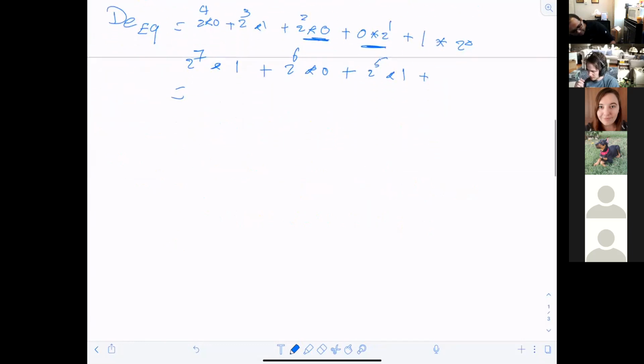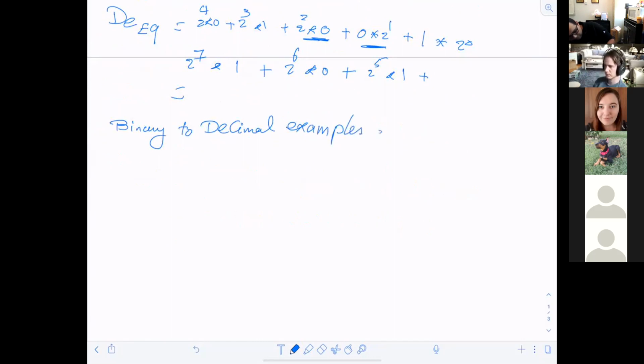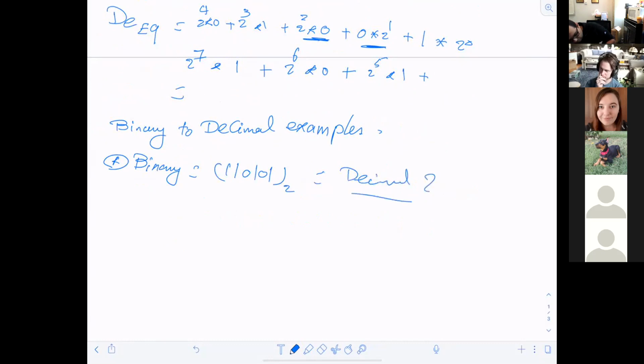So let's have it here: binary to decimal examples. Question number 1. Binary is equal to 10101. What is the decimal form?